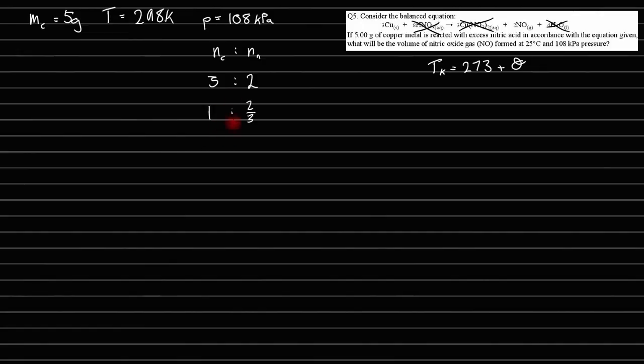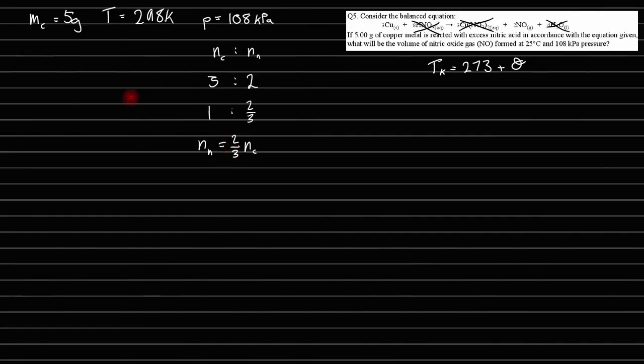And so how many moles of NO do we have? Well, we have 1 to 2 over 3. For every 1 mole of copper, we would have 2 over 3 moles of NO. So then we'd have times 2 over 3.